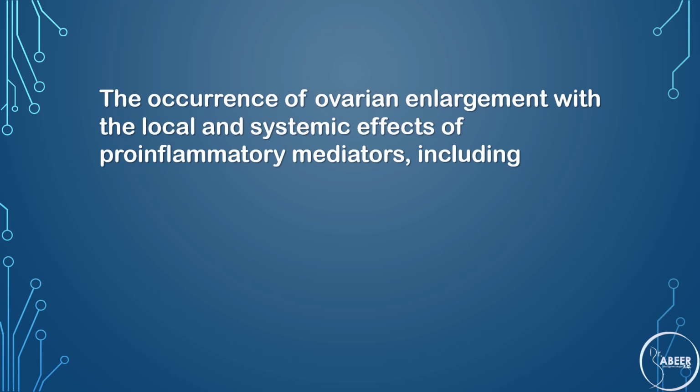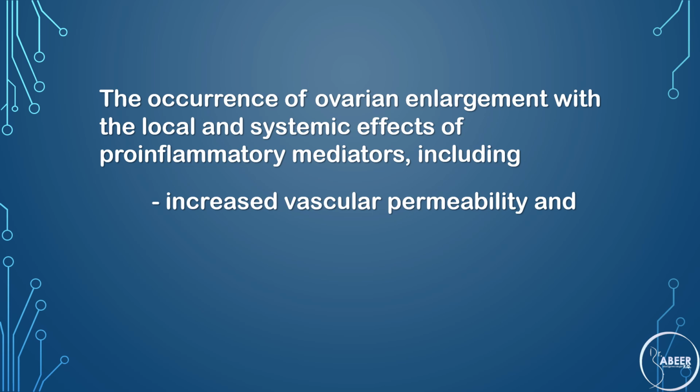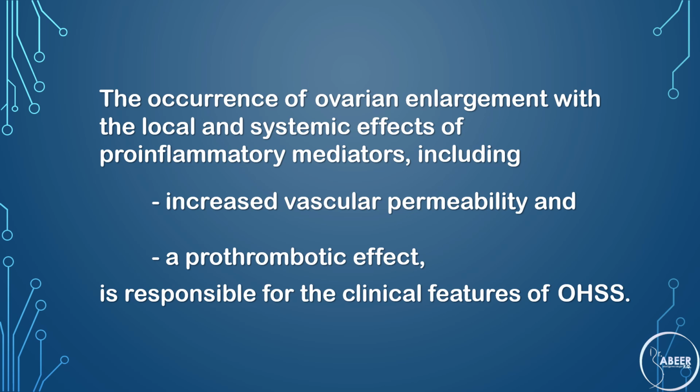The occurrence of ovarian enlargement with the local and systemic effects of pro-inflammatory mediators, including increased vascular permeability and a prothrombotic effect, is responsible for the clinical features of ovarian hyperstimulation syndrome.